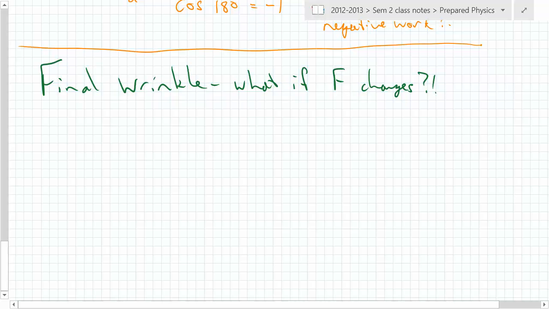There's one more thing we have to talk about, which is that in all of our calculations, we've been assuming the force was constant.